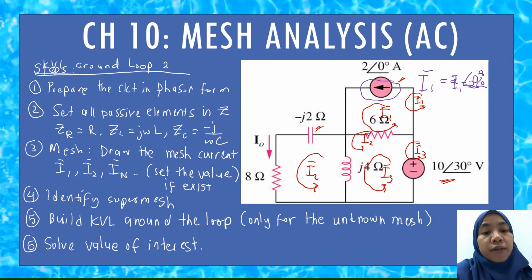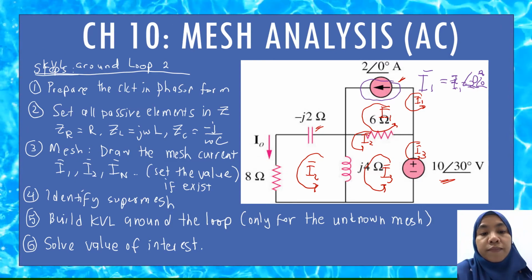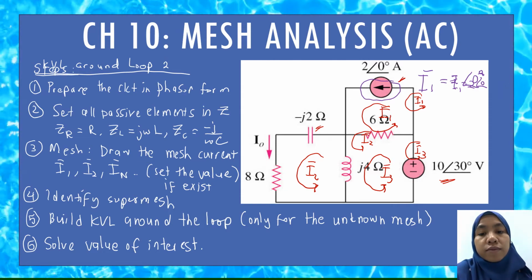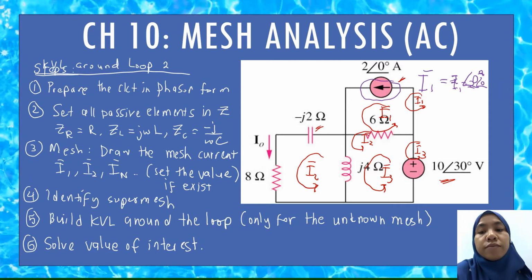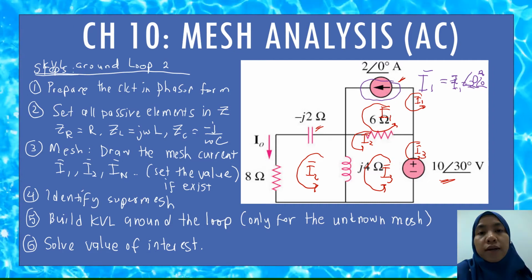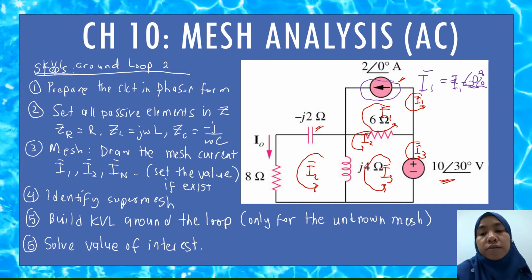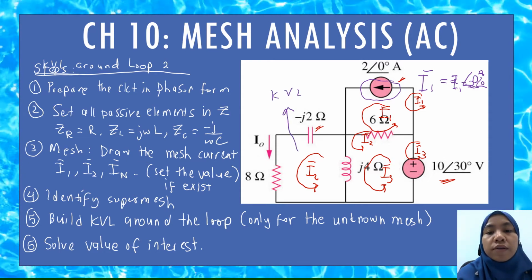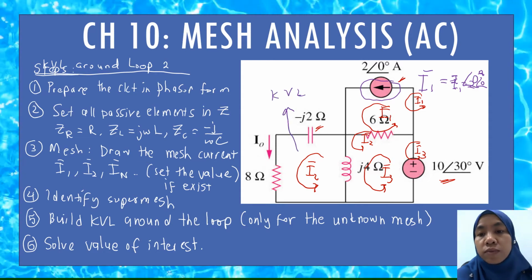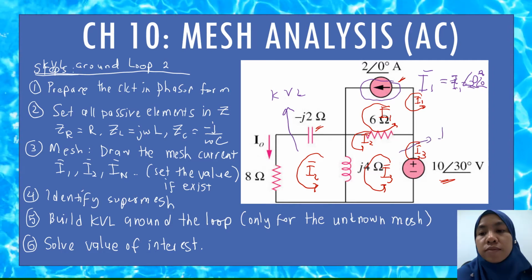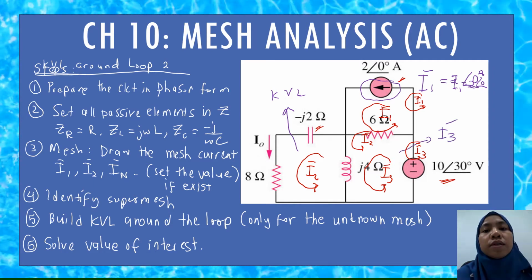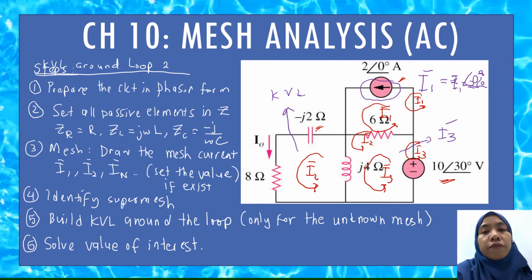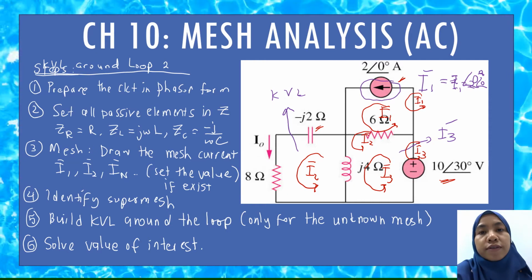All right. And then step number 5 is to build KVL around the loops with unknown current. So here we need to build KVL around loop I2, and KVL around loop I3. And then the final step is to find the value of interest.